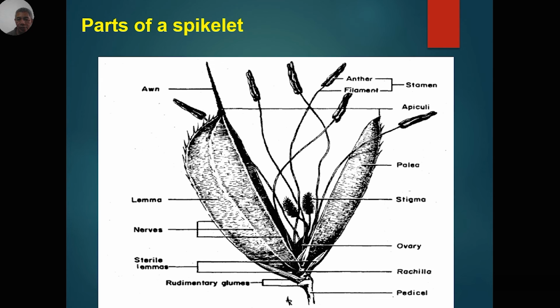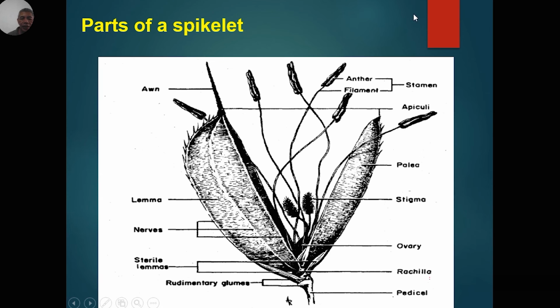So whatever means will be used, whether it's by nature, insects, or just the fall of gravity, it's the transfer of pollen grain from the anther to the stigma of the female flower.